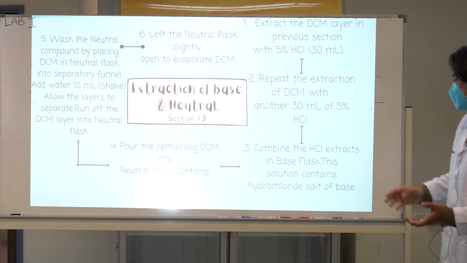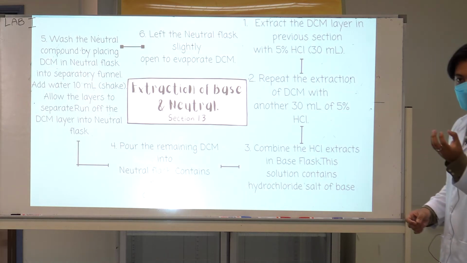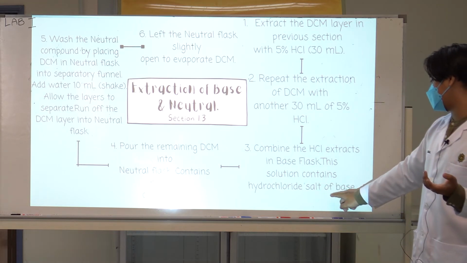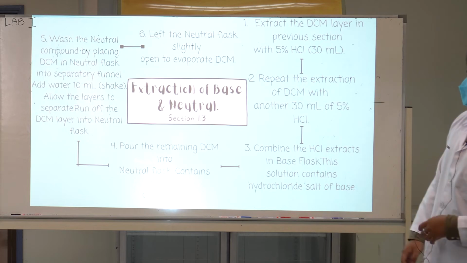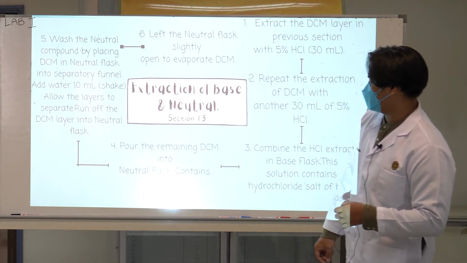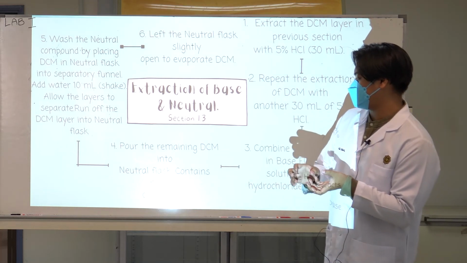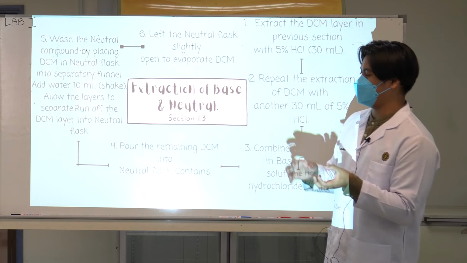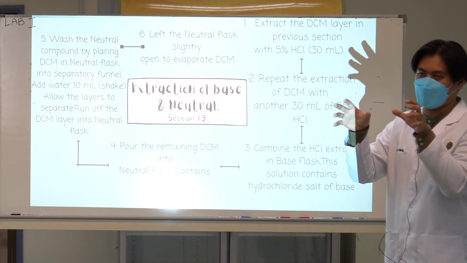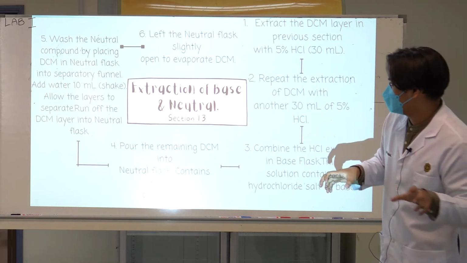Combine the HCl extracts in the base flask. This flask has the hydrochloric extract of the base. The DCM, we pour it into the neutral flask, which contains the neutral compound. The acid flask we don't use anymore. So now we have only 2 flasks, which are base and neutral.